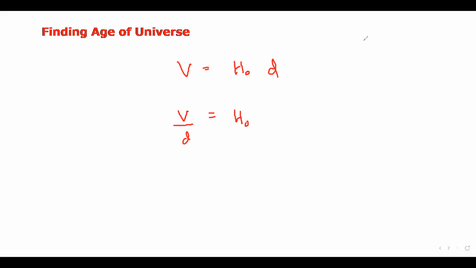If you remember, the formula for speed is distance divided by time. So speed divided by distance is 1 over time. That is the reciprocal of time, 1 over time. So in place of V divided by D, I can write 1 over T.